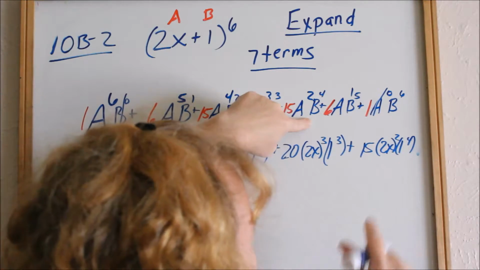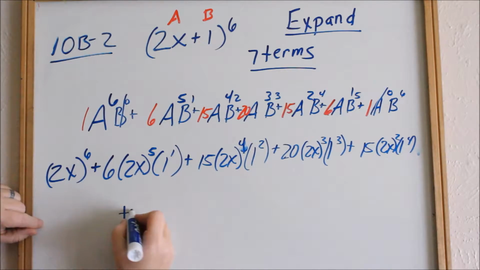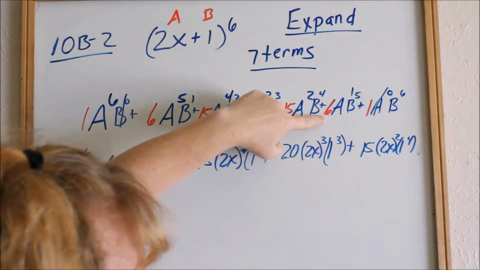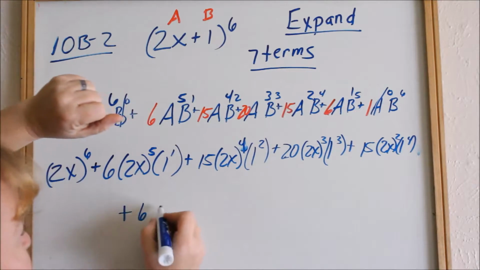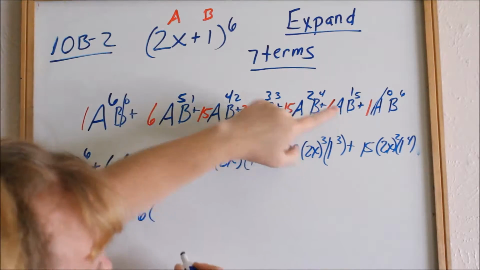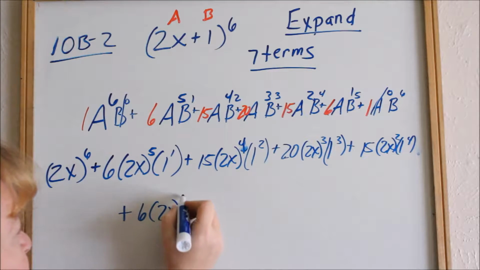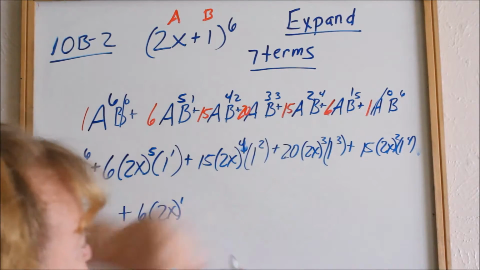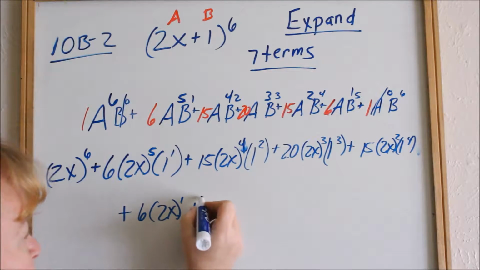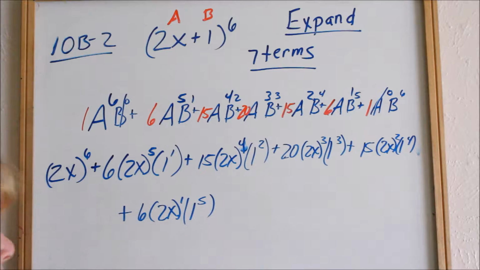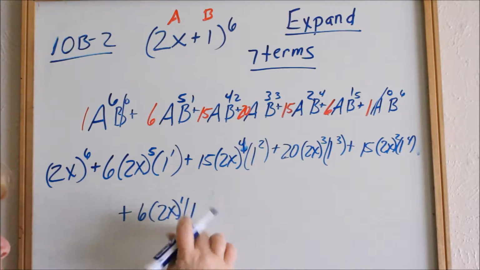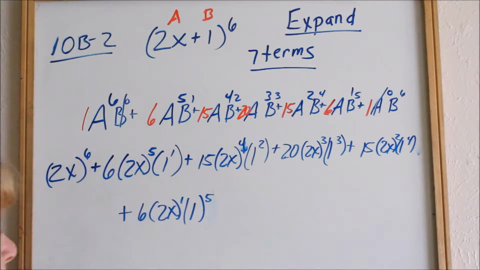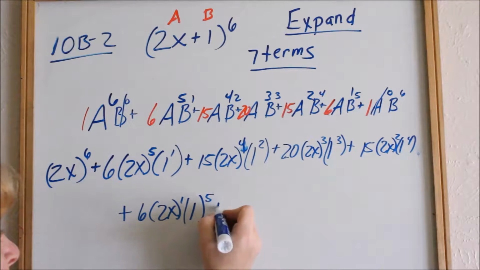Plus, I'm going to come down to my next line, plus, we're at the 6, 6 times A to the 1st, which is 2x to the 1st, and then B to the 5th, 1 to the 5th. If I want to write my 1 to the 5th outside the parentheses, that's okay as well.